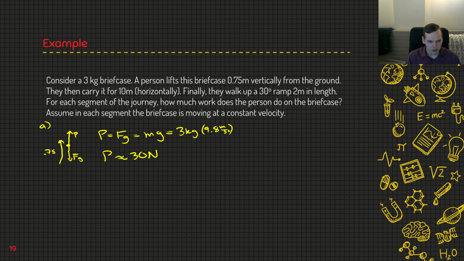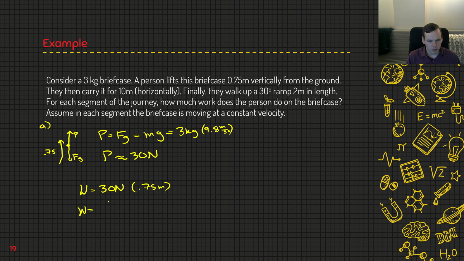They're moving it 0.75 meters up. So in other words, these are both perfectly parallel. So the work will equal 30 newtons, the force parallel is all of it, times 0.75 meters. That's going to be equal to 3/4 of 30.